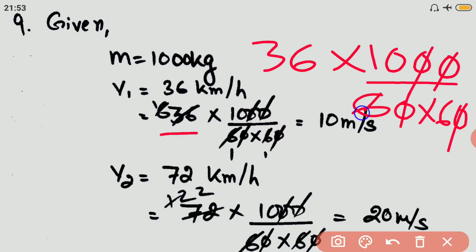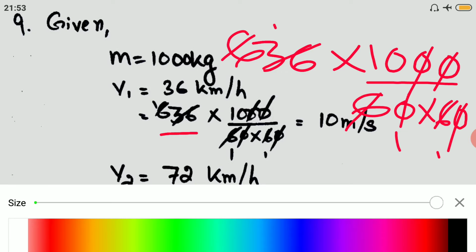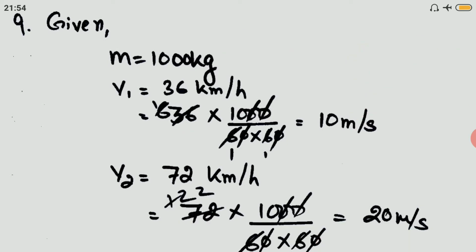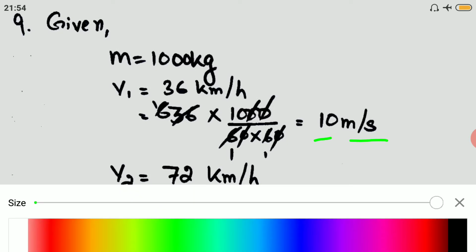Now this 6 can cancel this 36 6 times, and this 6 also can be cancelled by this 6, right? So the remaining number here for us is 10. Hence we shall get 10 meter per second.